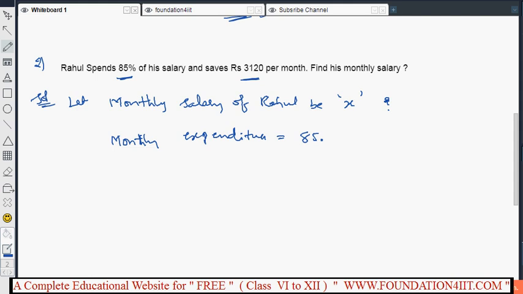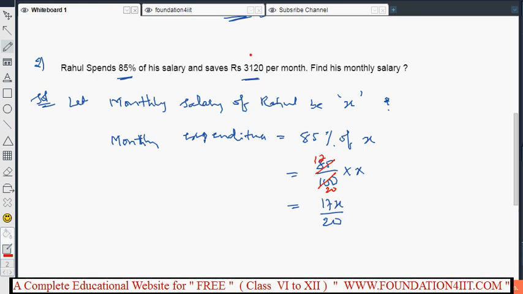So 85% is spending. That means 85% of X. Okay, this is the monthly expenditure. Now if you simplify, 85 by 100 into X, that is 17x by 100, you can cancel 5 table, 17x by 20. Cancel 5 20s and 5 17s. 17x by 20 is monthly expenditure.